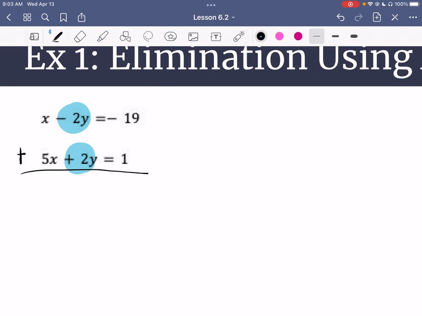When I add this, I just add down: x plus 5x is 6x, negative 2y plus 2y cancels or eliminates, that gives me 0, and then negative 19 plus 1, so make sure you're still adding on the outside of the other equal sign. That gives us negative 18, my y's are eliminated, and then I continue solving for this variable by dividing by 6, and I get x equals negative 3.